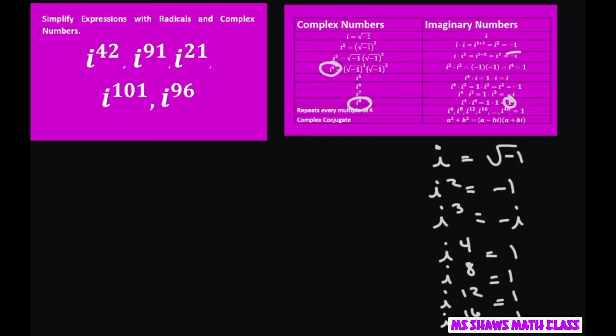And that's what we want to get to, because if we have that, then we know that is 1. And then we can go back. So if I take 16 and divide that by 4, I get 4, and my remainder is 0. So I know that if the remainder is 0, then that's going to be 1.